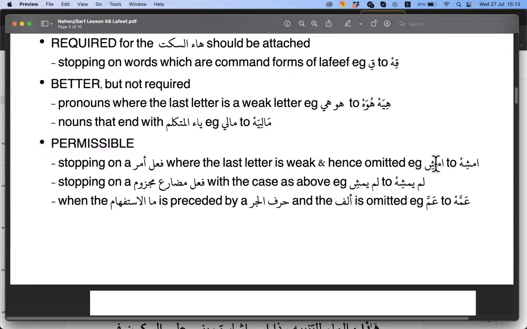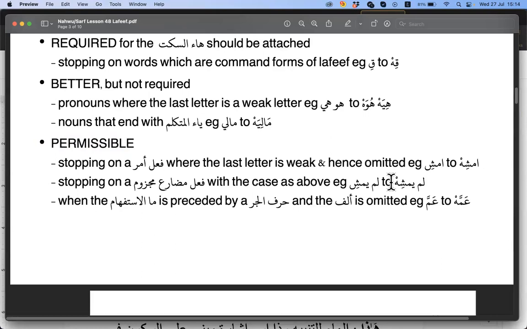So this is the command form imshi, without the ya, it gets dropped. And then imshi with the ha. This is a fi'il amr. Or stopping on a fi'il majzum. So same case where the last letter is weak and dropped. So from the same word, lam yamshi, he did not walk. So if you're stopping here, it's permissible to have a ha sakat also.